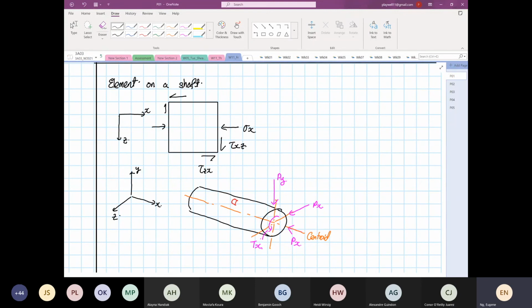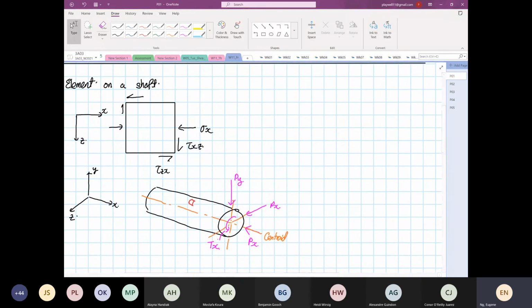Now let's do a recap. To analyze stress x, very familiar to all of you, we have stress x equal to Px divided by A, that's due to the axial force.